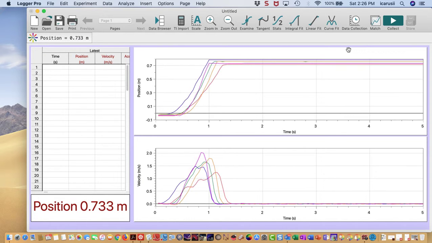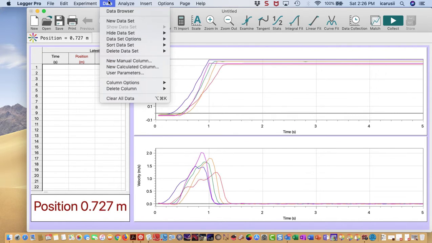You'll notice that the motion detector itself is at a height of 0.73 meters. I tried to get it as high as I could, so that we could get a reasonable behavior of air resistance, but we're doing okay with what we have. So let's go ahead and I'll analyze.